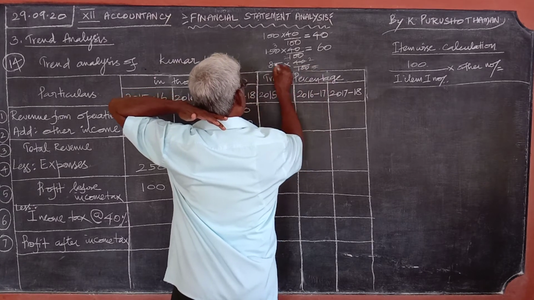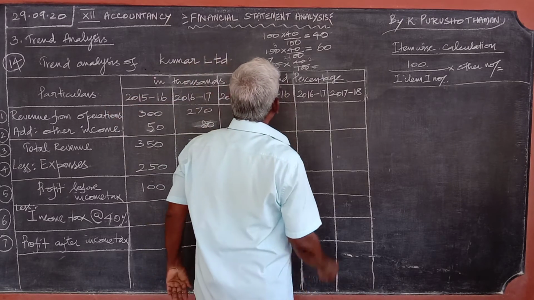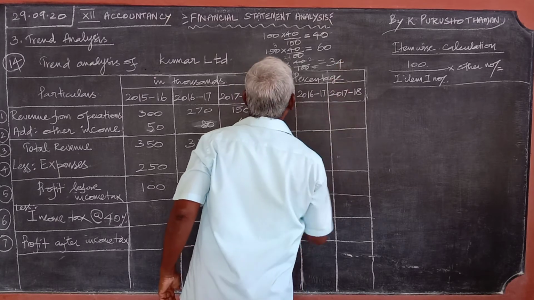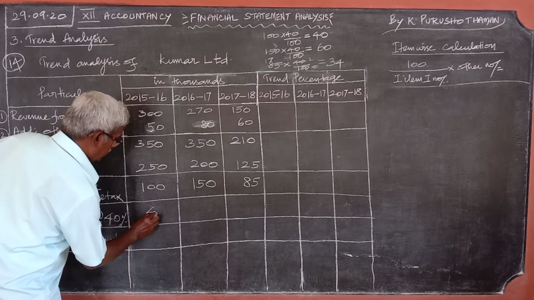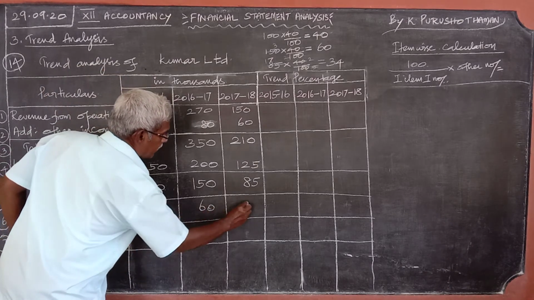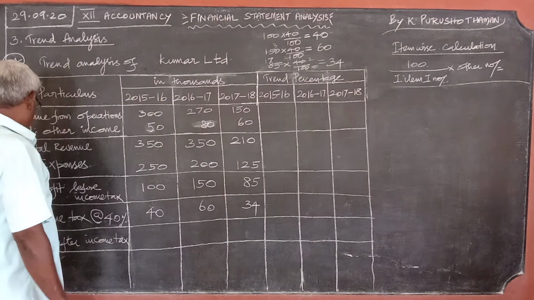If you simplify this, 17 times, 2 into 17, 34, 34,000 rupees. So 40, 60, 34. This is the income tax.